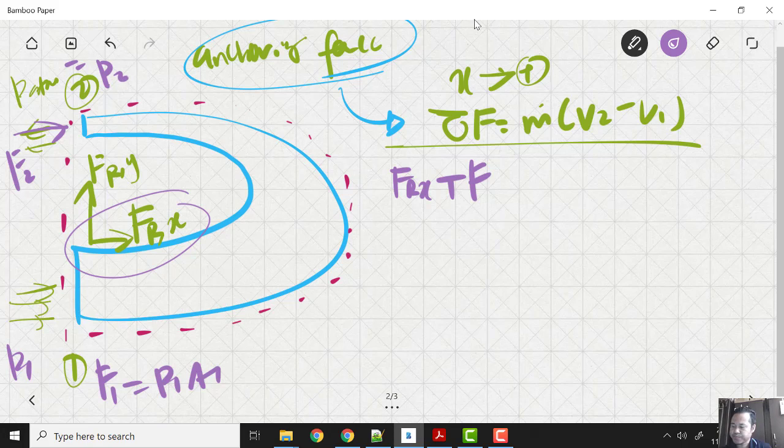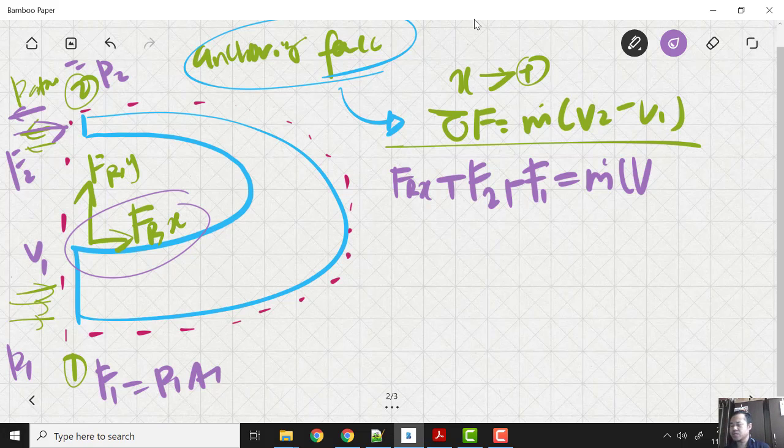So plus F2, and since force 1 also moves to the right, F1 equal to m dot times velocity 1. Velocity 1 is positive, moving to the right. So V1 and V2 are here, moving to the right.